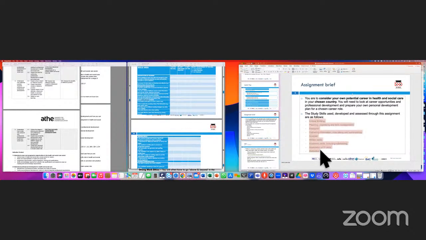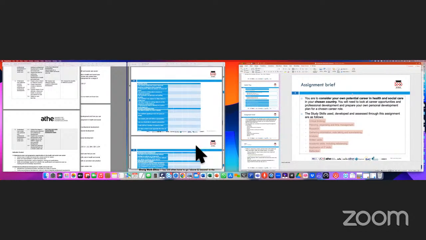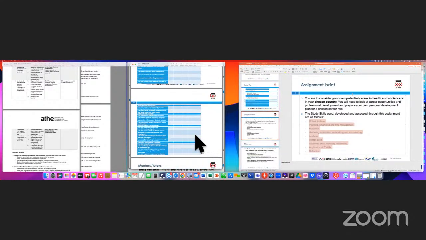So things like planning, organizing, note-taking, researching, written skills, spoken communication, and your IT skills are all part and parcel of this particular skills audit template, which I put onto Moodle.